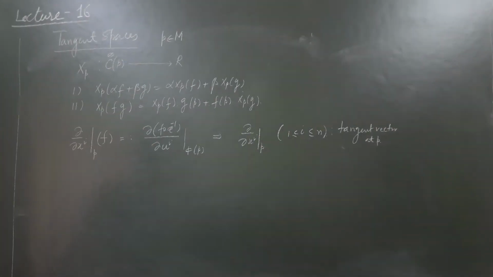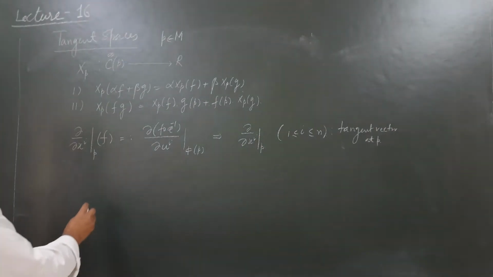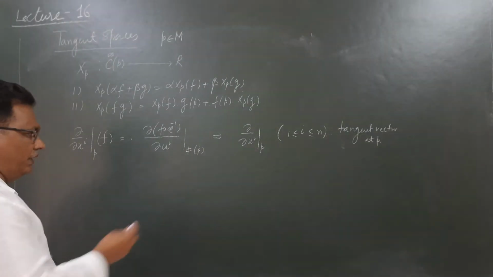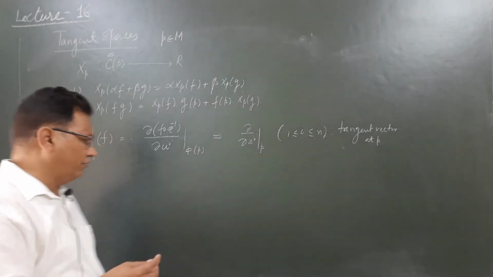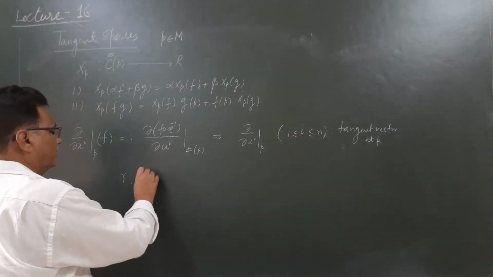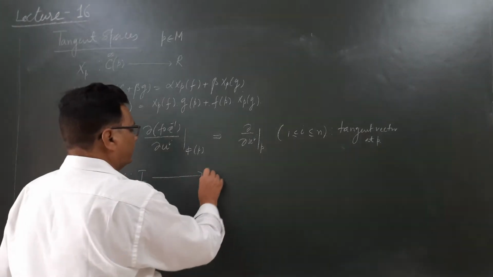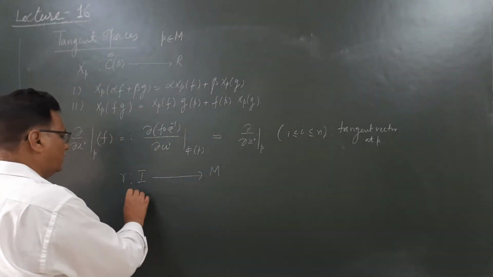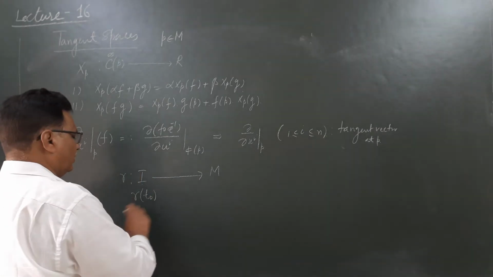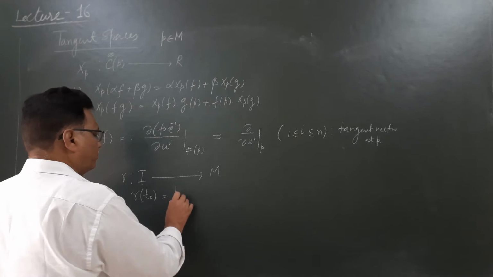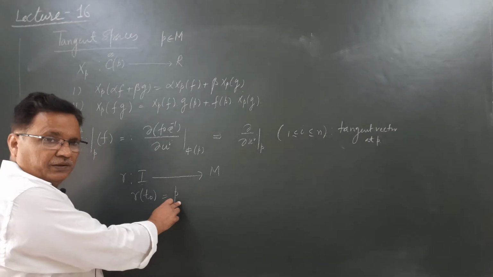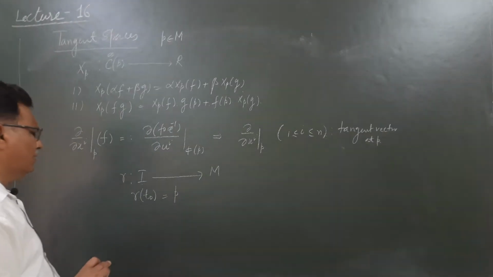This was the first example that we talked about, and the second example was that of a tangent to a curve. I define first of all a curve on a manifold: we say that gamma from an interval I into M is a curve passing through P if gamma of t0, some point from interval I, equals a point P in M. Usually we consider curves which are smooth.